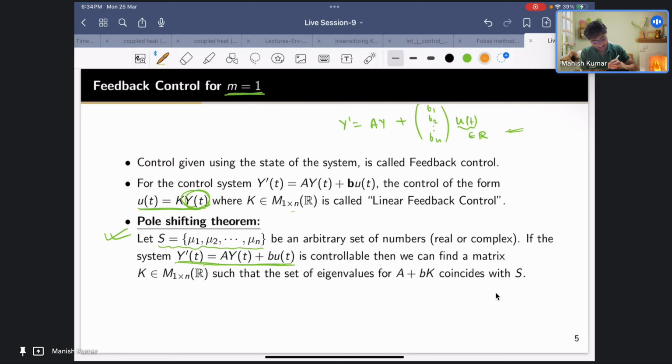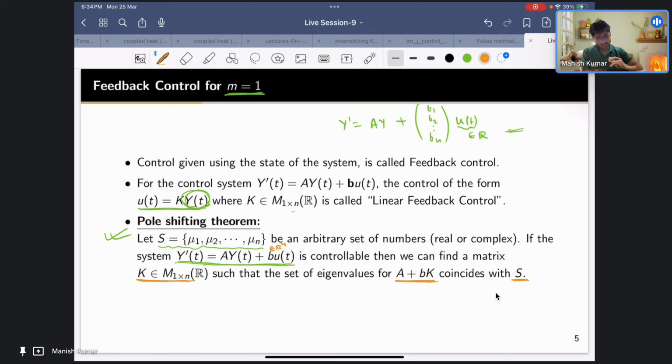Then you can always find a matrix K which is 1 cross n such that the eigenvalues of A plus BK coincide with the set S.